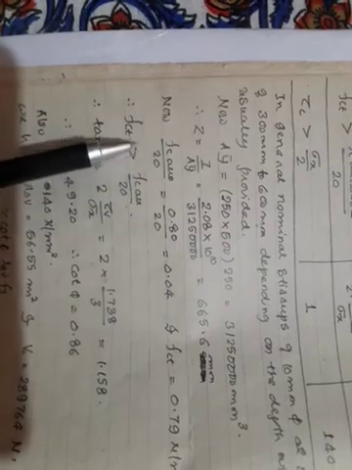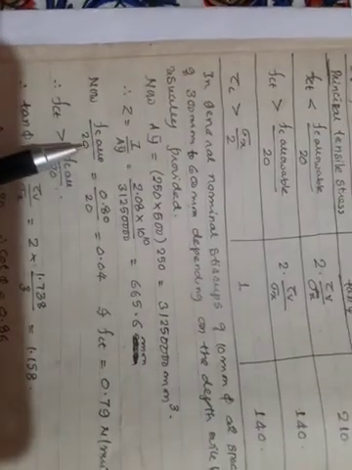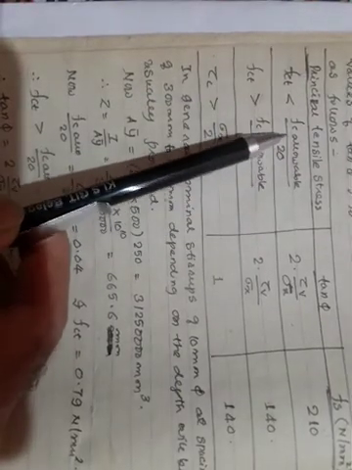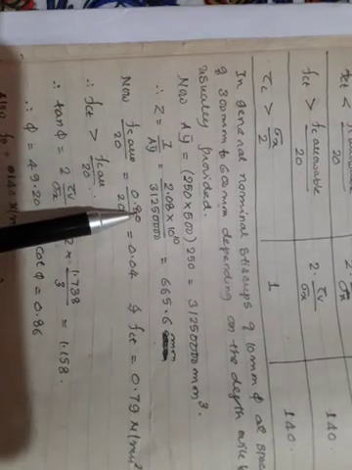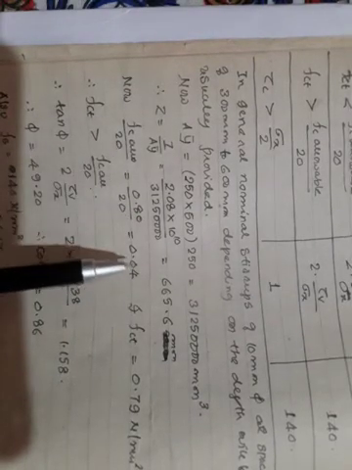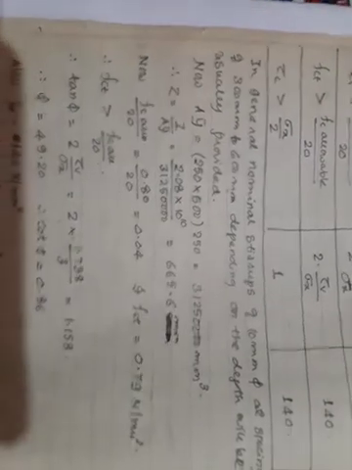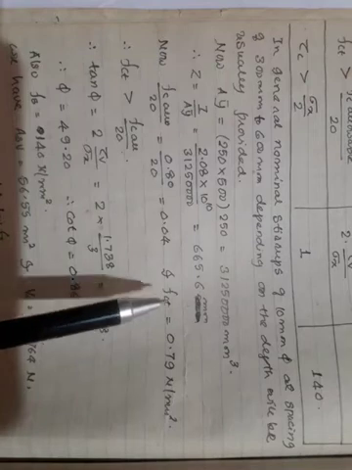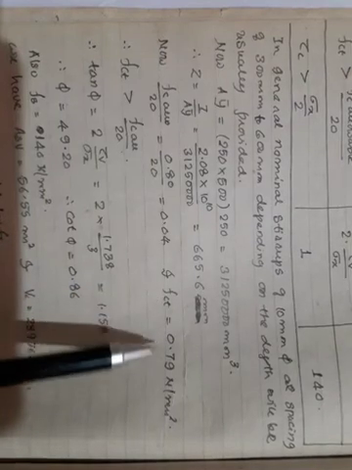Now I want to calculate the term FC allowable by 20, which is there in this table. FC allowable is 0.8, given in the problem, divided by 20. It will give me 0.04. And how much is your FCT? The principal tensile stress worked out is 0.79.